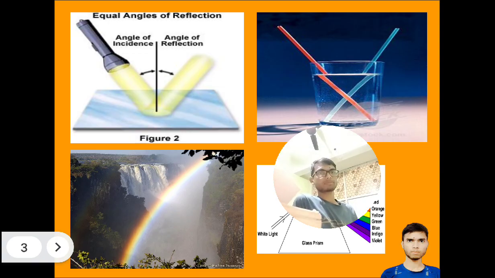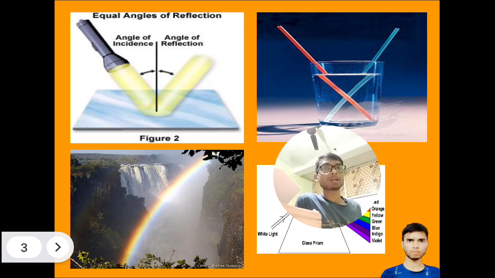Clear? You understood the meaning of incidence ray. You saw how those two lines form an angle of incidence. This is what you understood right now.